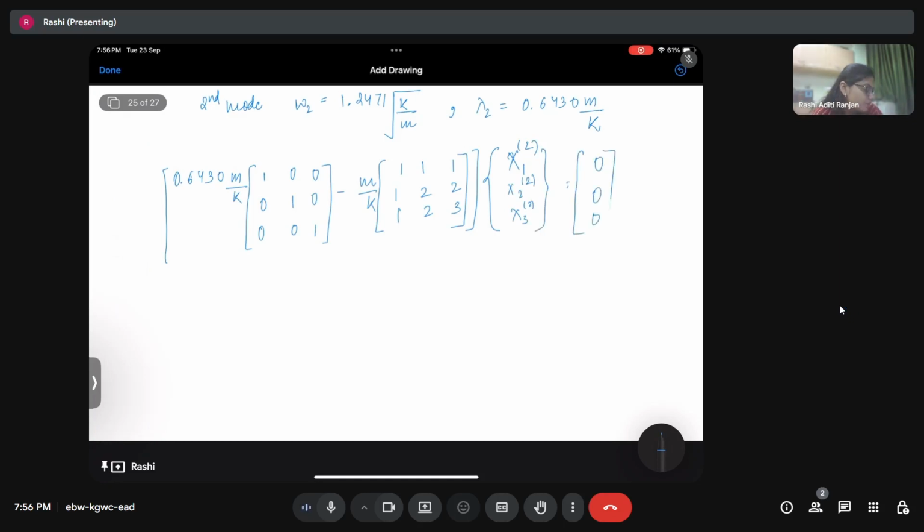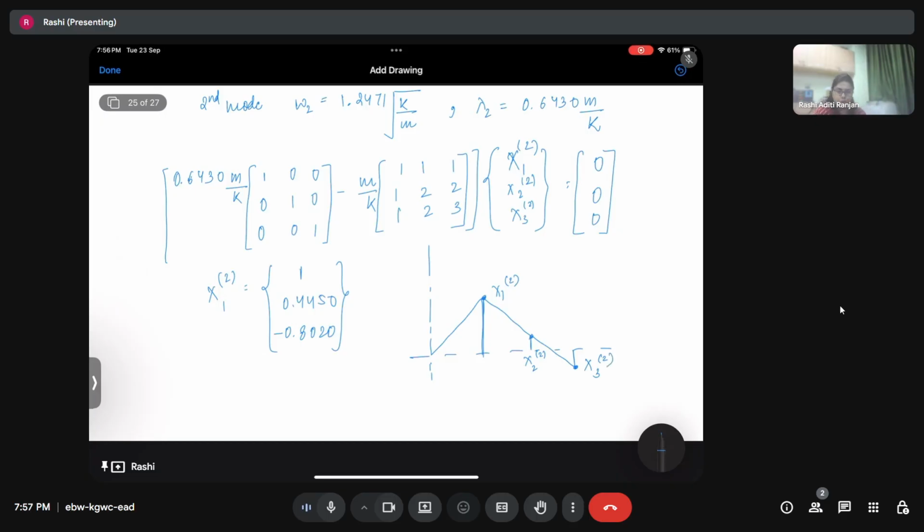equal to 0, 0, 0. This is again going to give us the mode shape like this and this. x1 of 2, x2 of 2, x3 of 2.